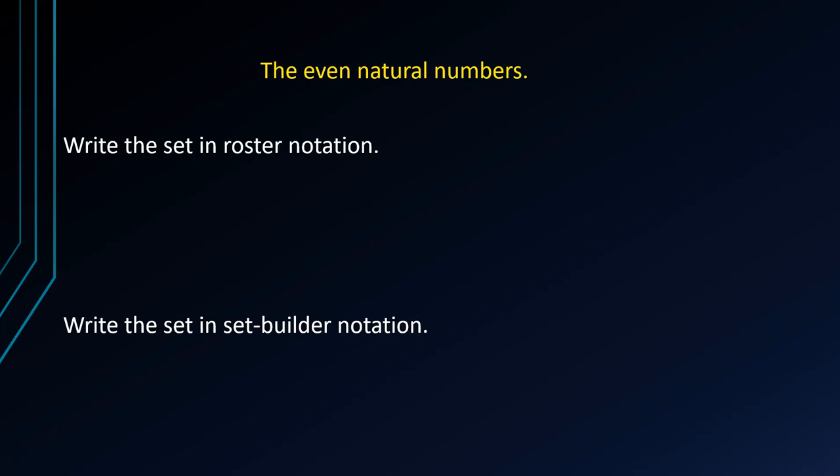Basically 2, 4, 6, 8, 10, 12, etc. Now I use the ellipsis because this is an infinite set. This would go on forever and ever. The counting numbers go on as long as you can go on. So you're not going to be able to write out the entire set in roster form because you have to stop sooner or later or you're not going to get anything else done.